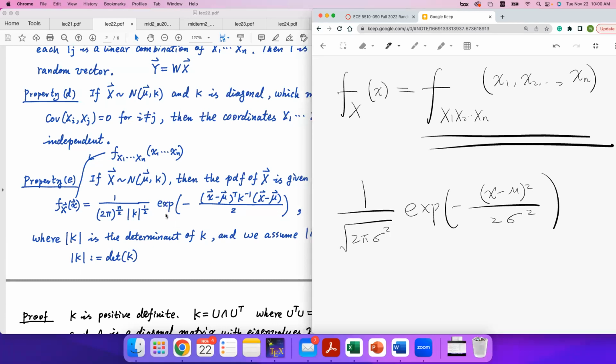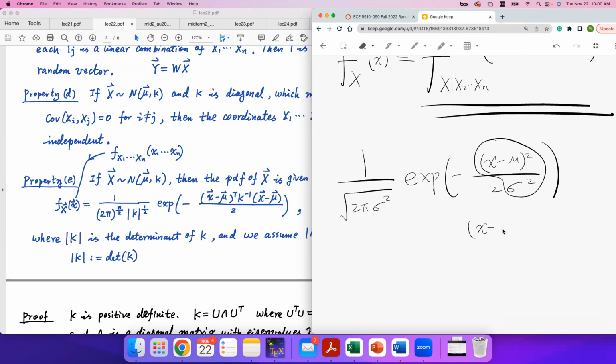You see that we do have this exponential here. And inside, in the one-dimensional case, we have (x minus mu) squared divided by sigma squared. This can be understood as (x minus mu) times sigma to the power of minus 2 times (x minus mu), divided by 2. If I write it in this way, then it looks similar to what we have here.